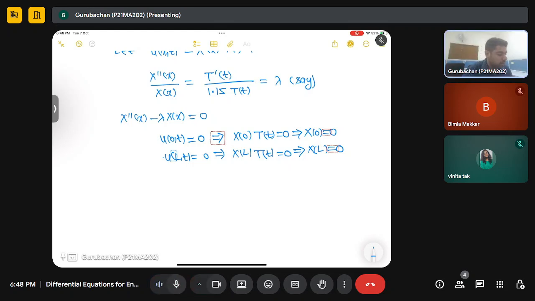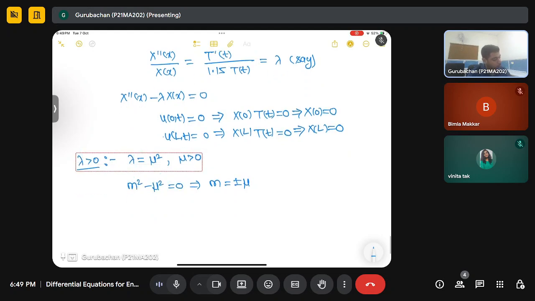Let us start discussing its cases. First case is lambda greater than 0. This can be written as lambda equal to mu square, where mu is any positive number. So from here your auxiliary equation will give X(x) as c1 e to the power mu x plus c2 e to the power minus mu x.